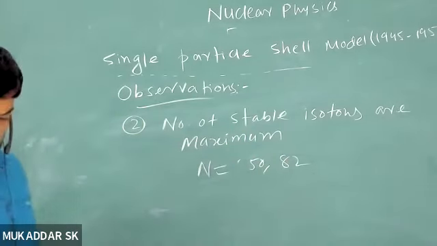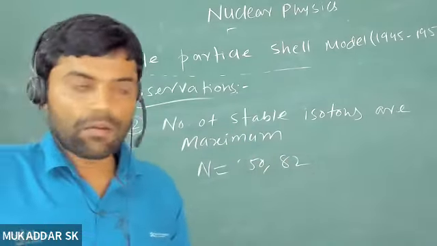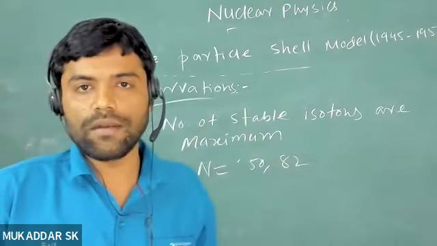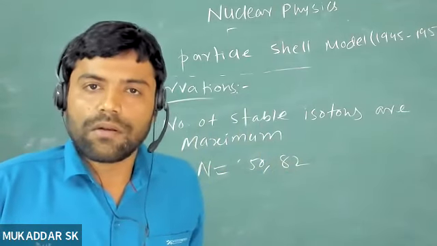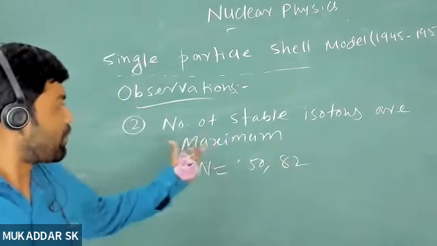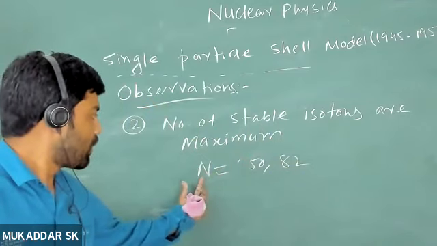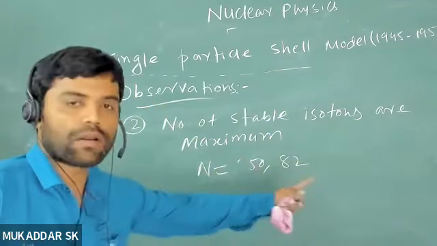You know the definition of isotones, right? Equal number of neutrons. So the number of stable isotones is maximum if any nucleus contains a neutron number of either 50 or 82.